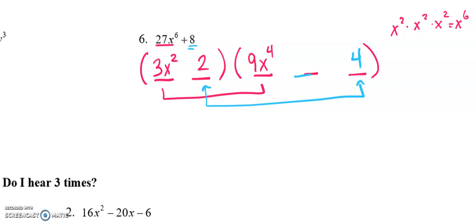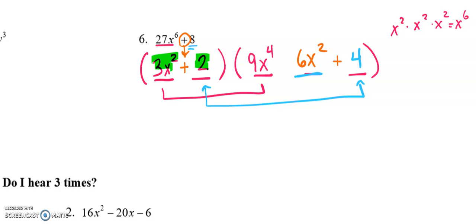Then, to get the middle term, we multiply those two together. When we multiply those two together, we get 6x squared. Then we have to deal with the signs. This is addition, so this is addition. The last term is always addition.